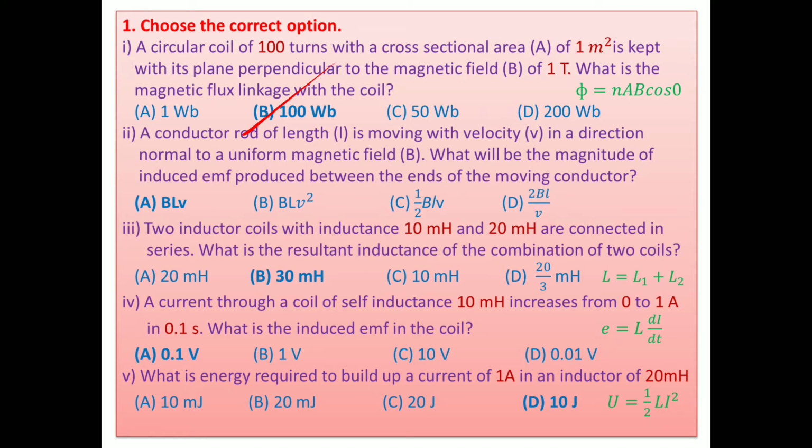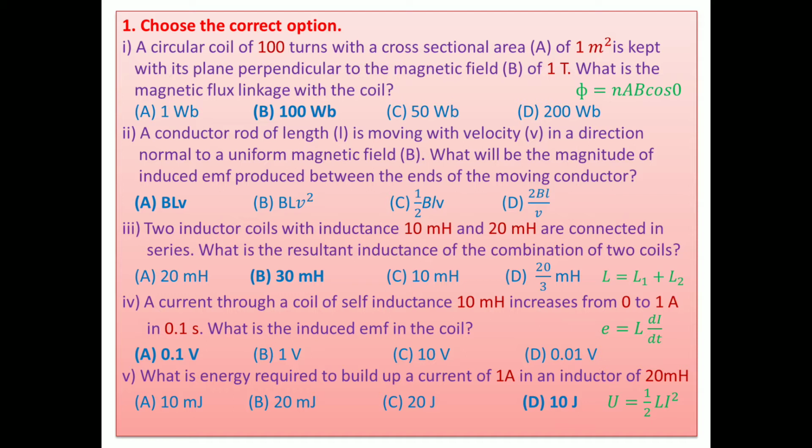Okay. Thereafter we go through the second one. A conductor rod of length L moving with velocity v in a direction normal to the magnetic field. What will be the magnitude of induced EMF between the ends of the moving conductor?